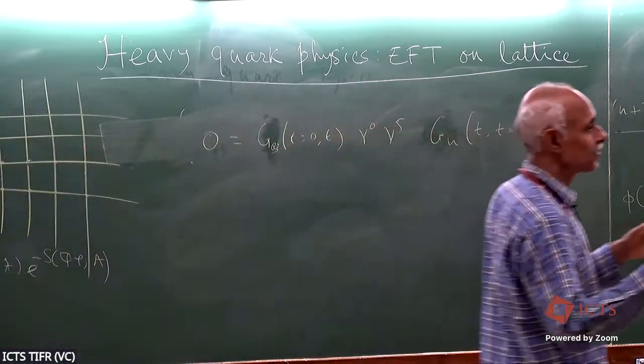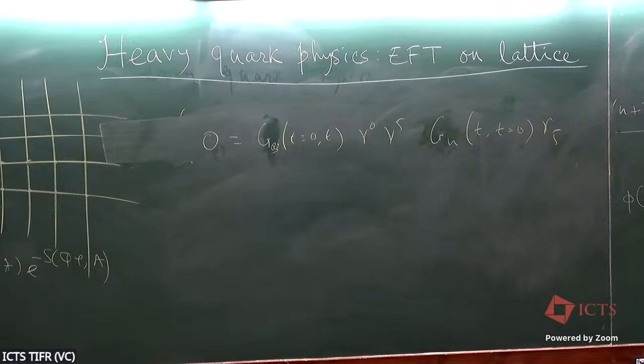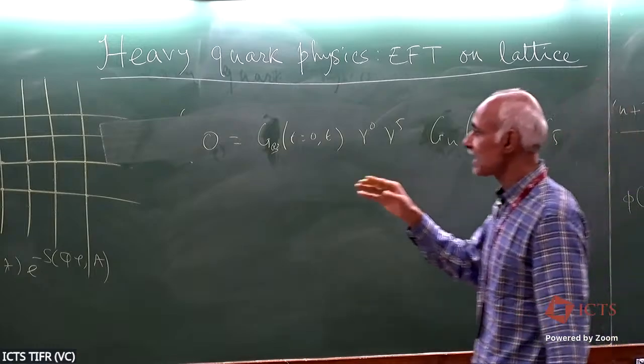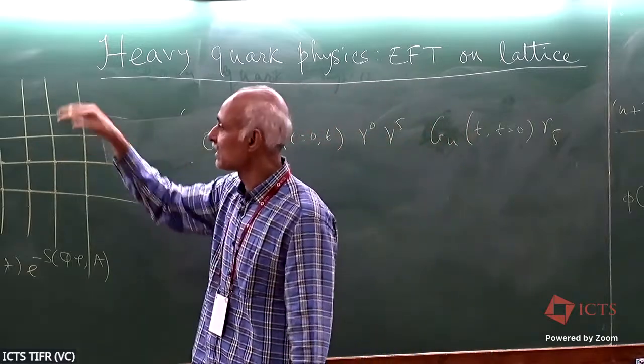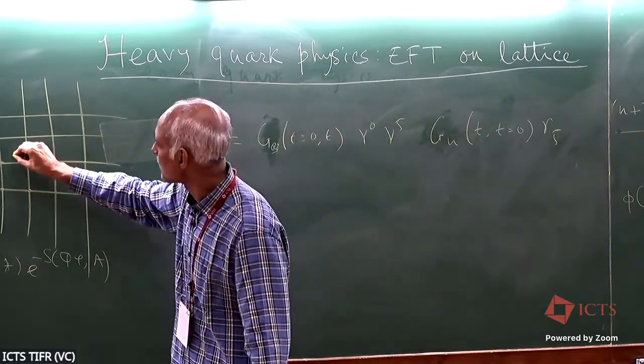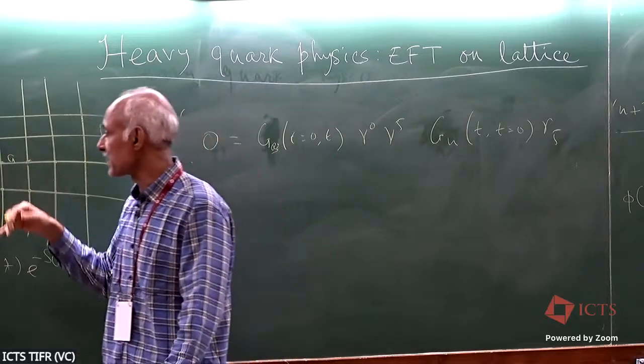As you know, when you do any quantum field theory calculation, you put in some regulator, you do your renormalization, and then you get rid of the regulator. So eventually, I will need to get rid of the lattice spacing a also. So I use small values of a, and then eventually take a to zero after doing some extrapolation.